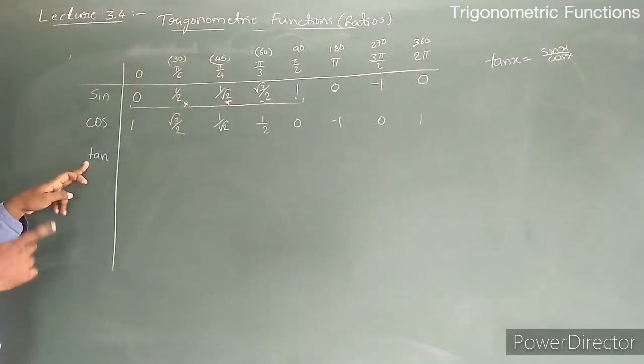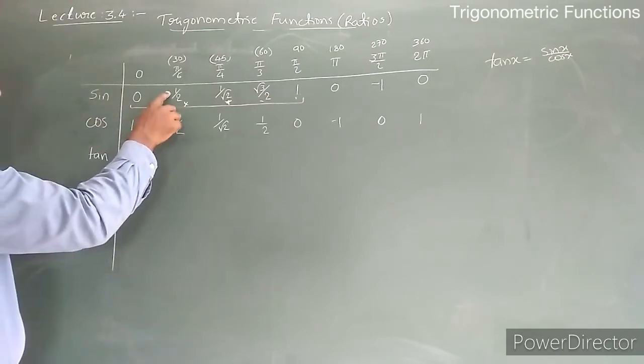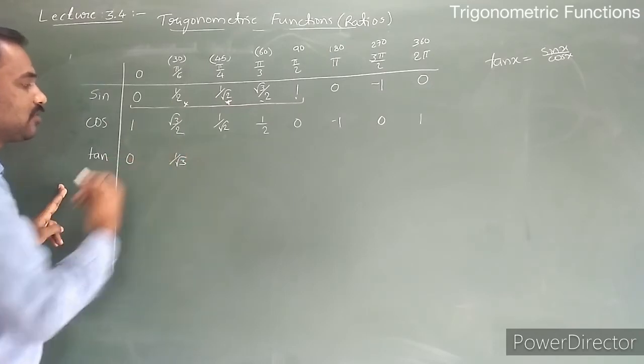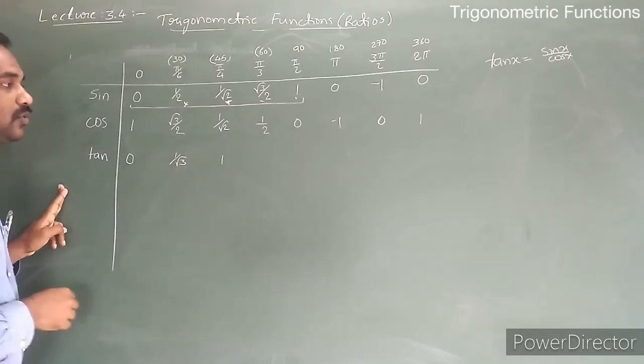How? Tan is nothing but sin by cos. 0 divided by 1 is 0. 1 by 2 divided by root 3 by 2 gives 1 divided by root 3. 1 by root 2 divided by 1 by root 2 is 1.